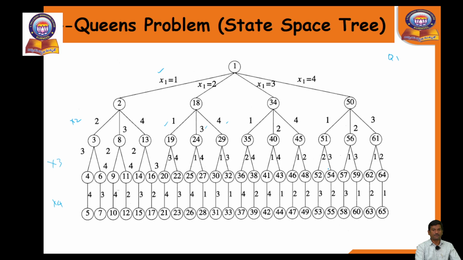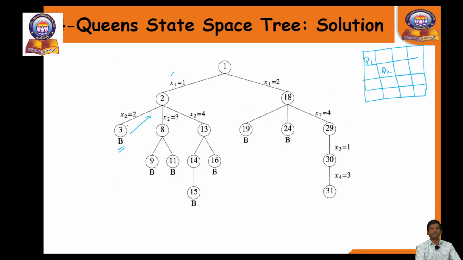The same thing you can observe in the previous part. We are starting from x1 equal to 1 and x2, placing the second queen in the second column. It does not lead to the solution. Backtrack and find the other paths. The same thing you can observe here, when you place the second queen in the second row, third column.